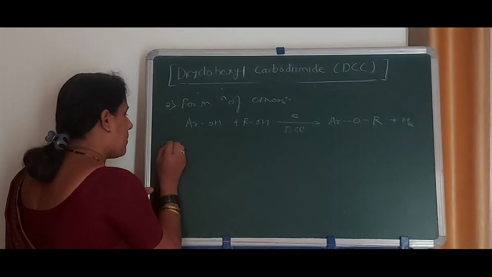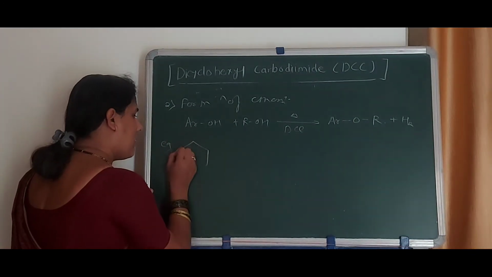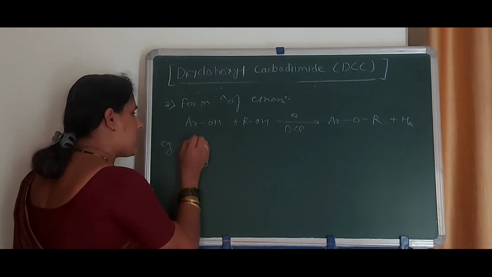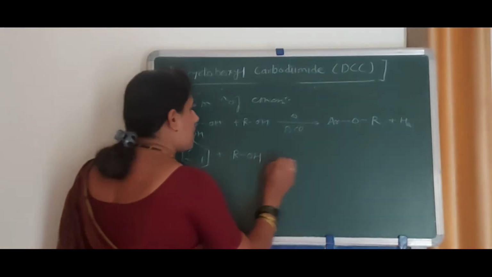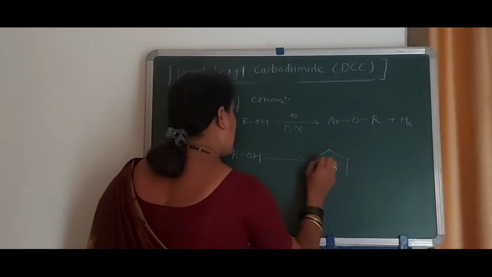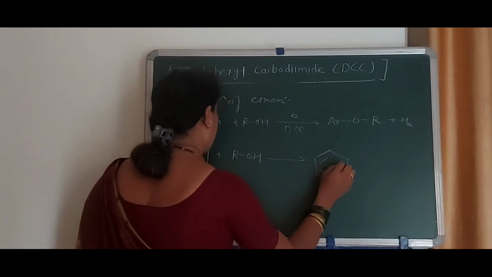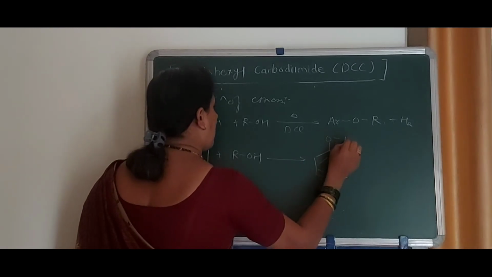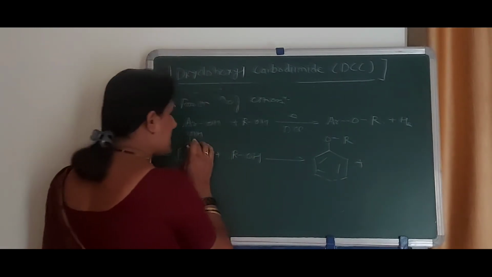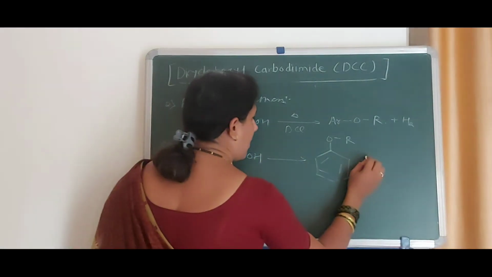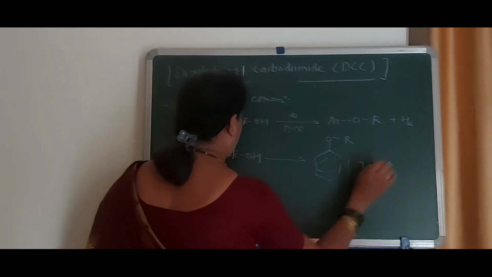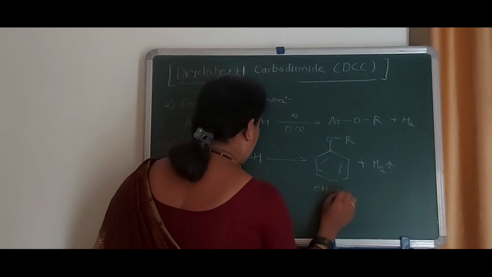For example, phenol, ArOH, plus ROH gives ROR, with removal of hydrogen, formation of ether.